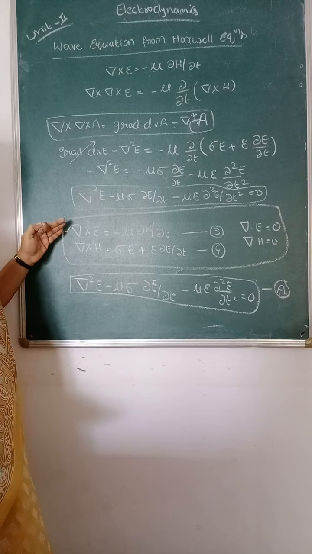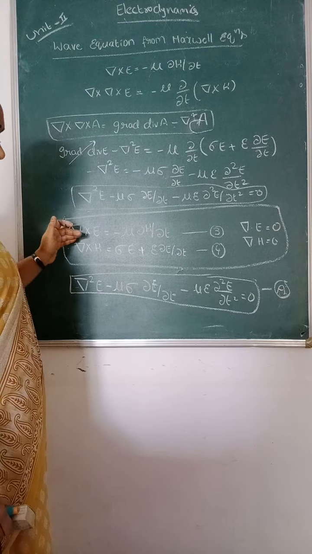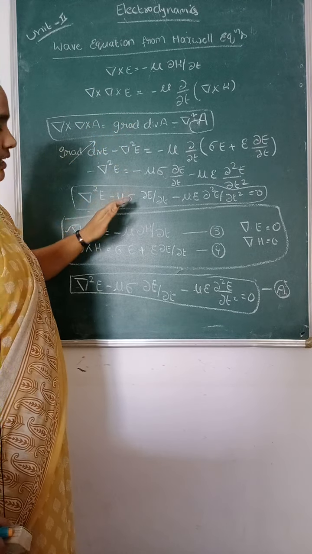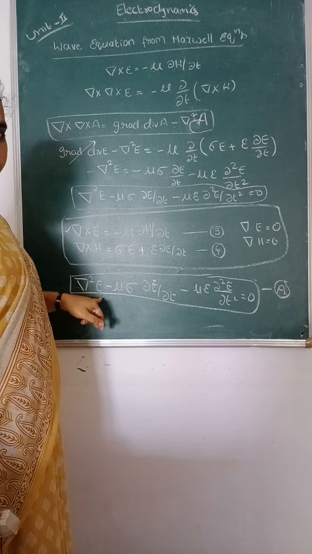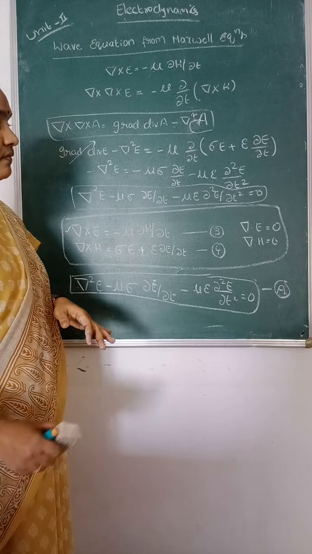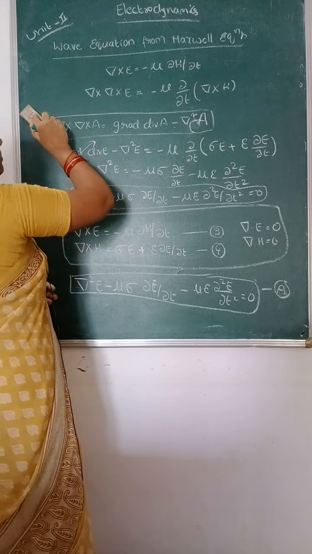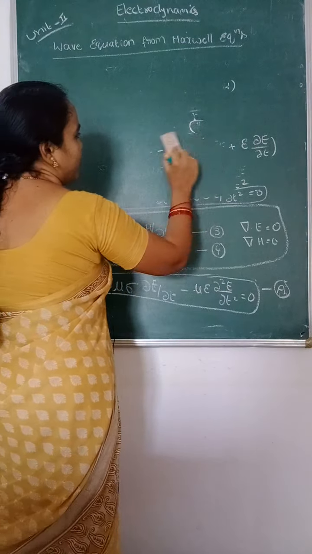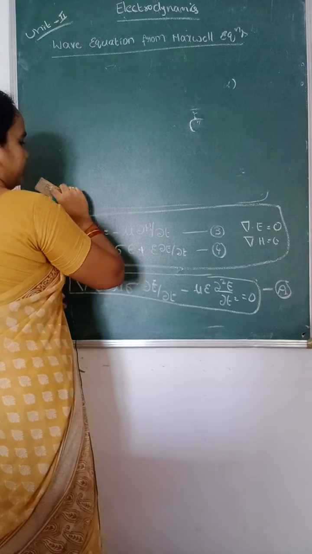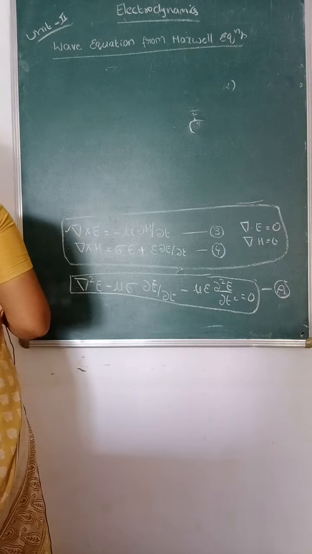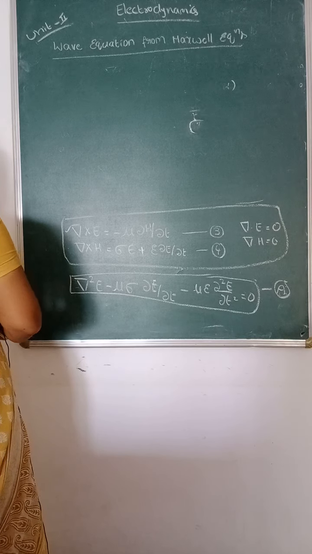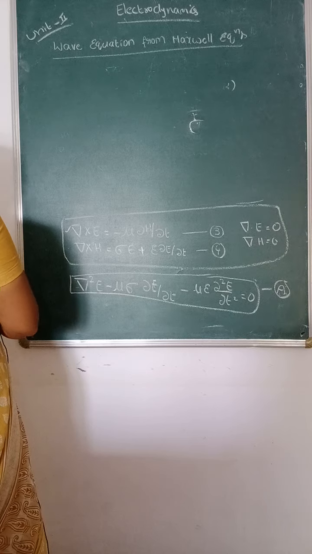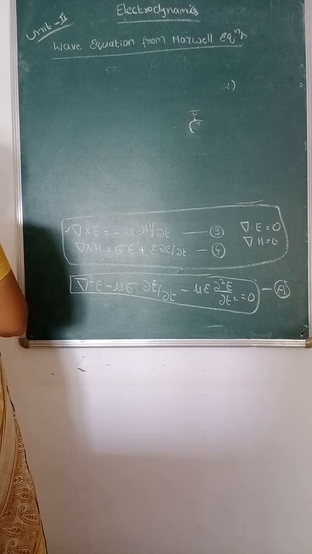How have we calculated this wave equation? Taking the curl of the third equation and, upon several mathematical steps, we have derived the wave equation in terms of electric field vector. Next, similarly, take the curl of the fourth equation. What is the fourth equation?